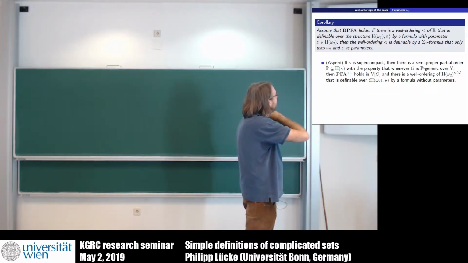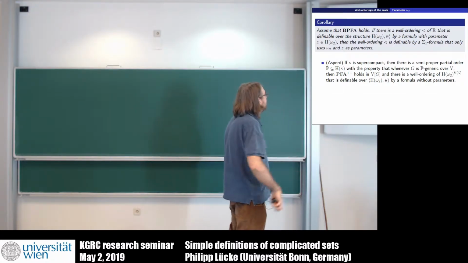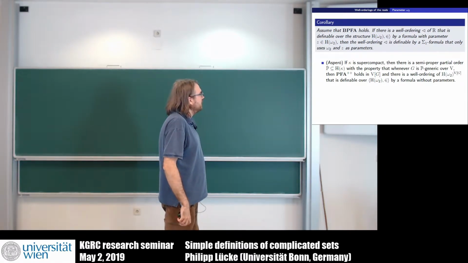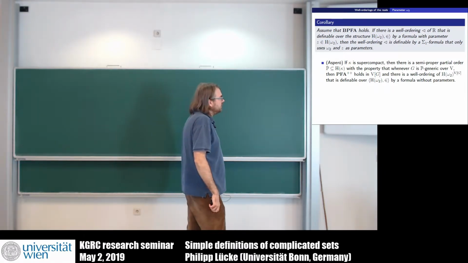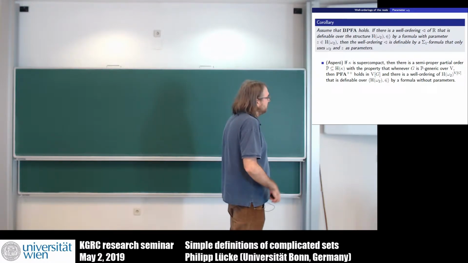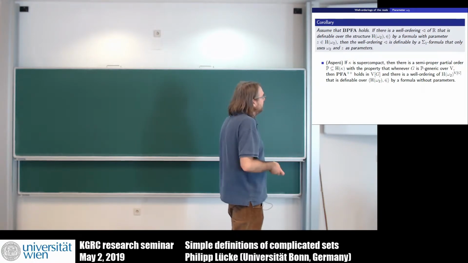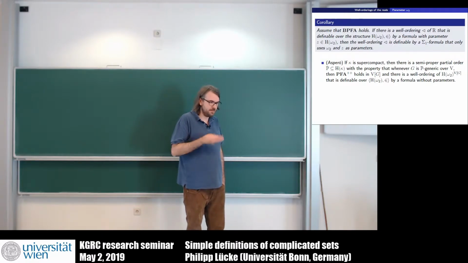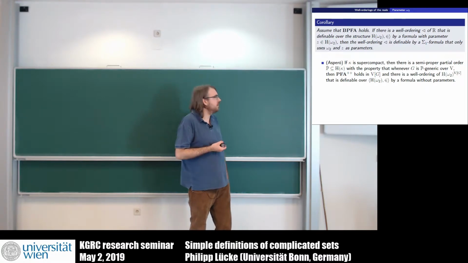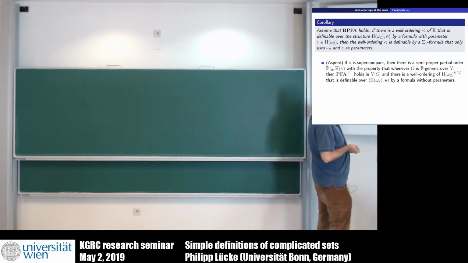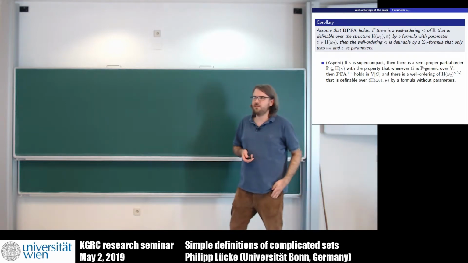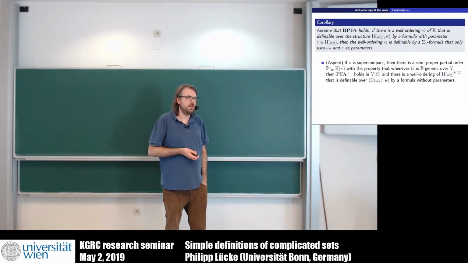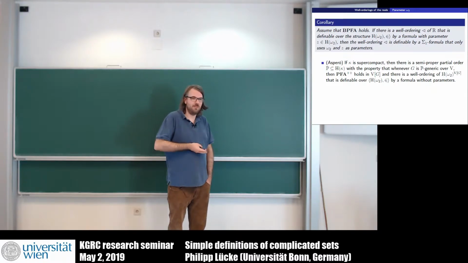So for example, David showed that starting from a supercompact cardinal, we can force PFA double plus holds, and there's such a well-ordering of the reals that's definable over H omega-2. So in this model, you will have a well-ordering of the reals that's definable by a sigma 1 formula with parameter omega-2 in V. And if you assume large cardinals above this supercompact cardinal, then they will stay large in the forcing extension. So such a well-ordering is compatible with all kinds of large cardinals.